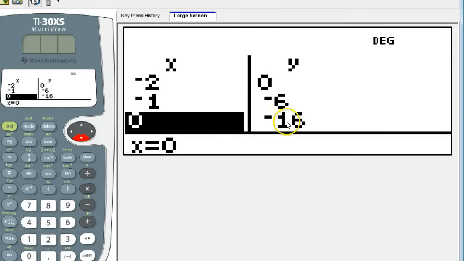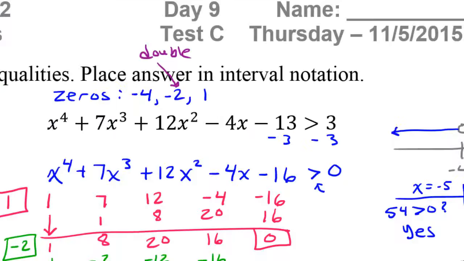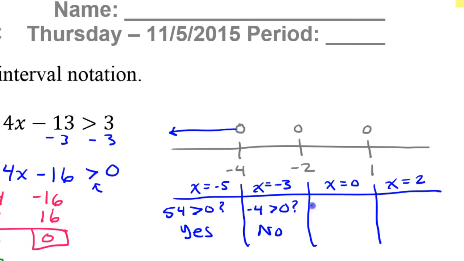Oh, look, at 0 we have negative 16, just like we thought. Is that greater than 0? Well, no, it is not.